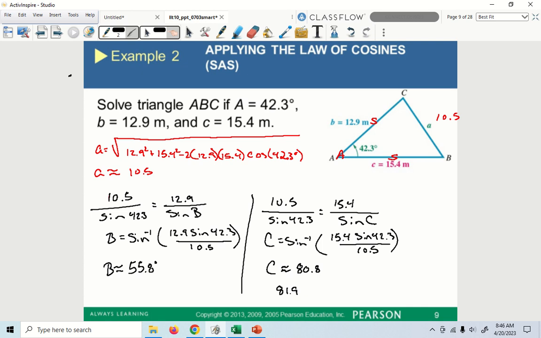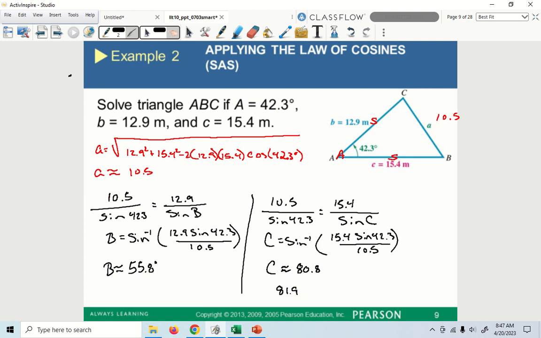Law of sine, we had an approximation for these angles, didn't we? So since we had approximation for the angles, that means that the better way of solving, because of a rule of a triangle, all three have to add up to 180, right? There we go. So the 81.9 is the better answer. But if you're showing this on a test to me, if you're showing me all this work right here, I'll still take it.